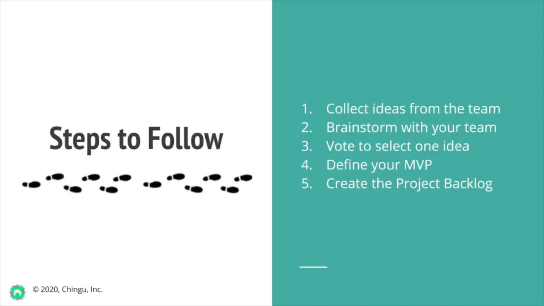These are the 5 steps we suggest you follow to select your project and define the MVP. They will require considerable coordination by you and your team, and they may take more than one meeting in which to complete these. Ideally, you will finish them and be ready to start development in about 3 days, though. You should resist the urge to achieve a perfect design during the first sprint, though.